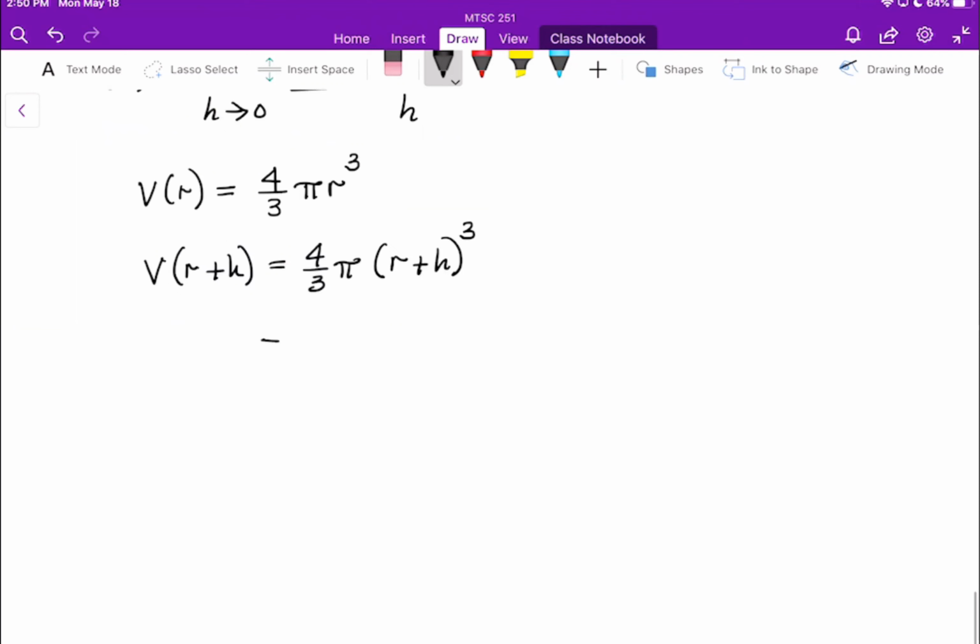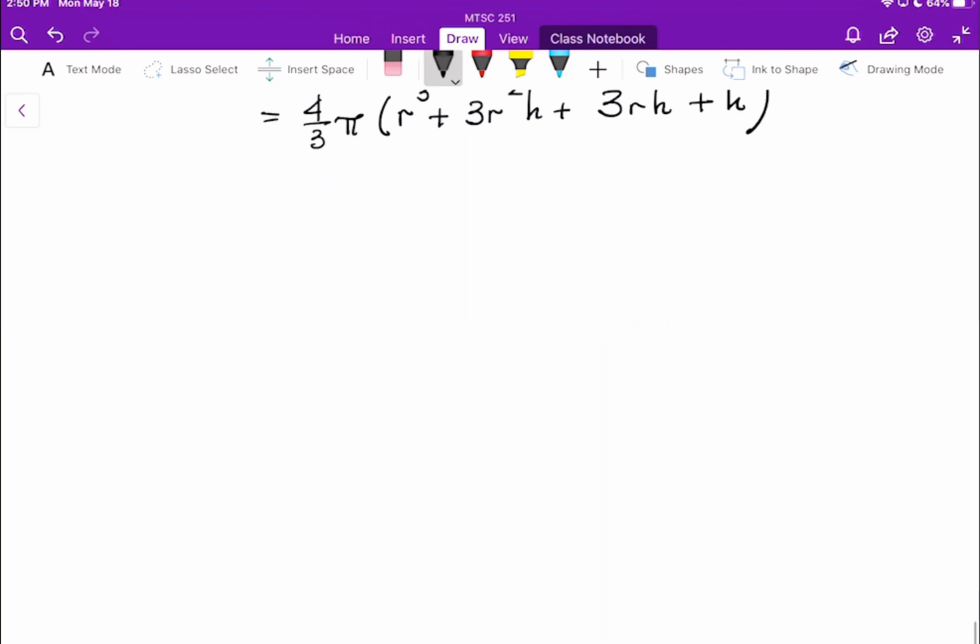So this turns out to be 4/3 pi r cubed plus 3r squared h plus 3r h squared plus h cubed.